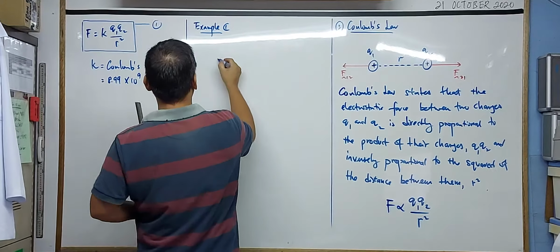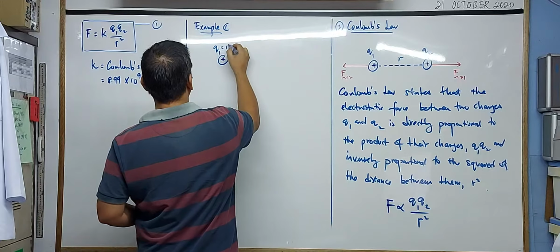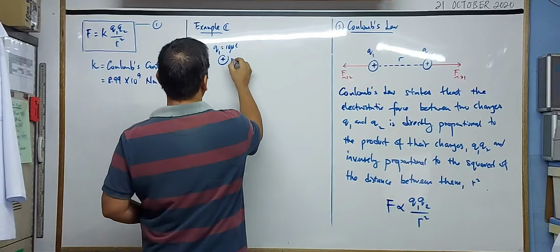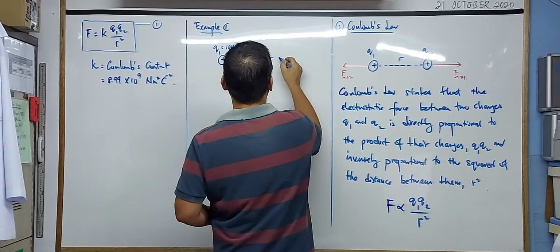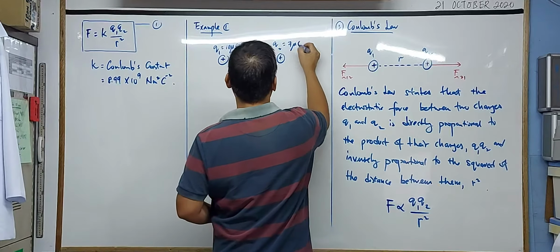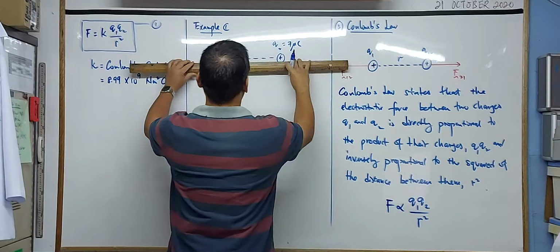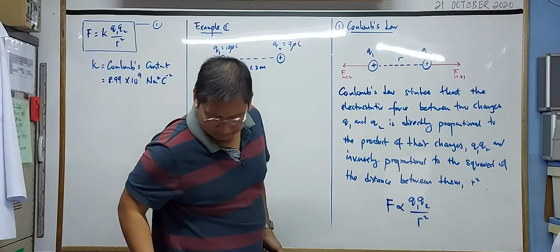Let's say there are two charged particles, Q1 which is 10 microcoulomb, and then at the distance r which is 1.2 meter, another positive charge, Q2 equal to 7 microcoulomb. So we calculate the force between them.